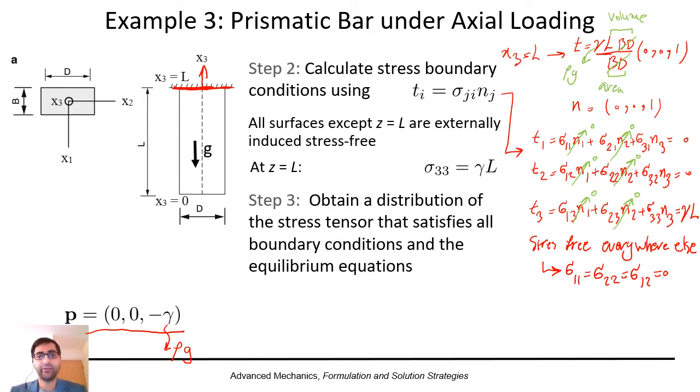The third step is obtaining a distribution of the stress tensor that satisfies all of the boundary conditions and all of the equilibrium equation. This stress tensor should give us sigma 3, 3 equal to gamma L at x3 equal to L or z equal to L. But we know that everywhere else the stress is proportional to the length of hanging material.